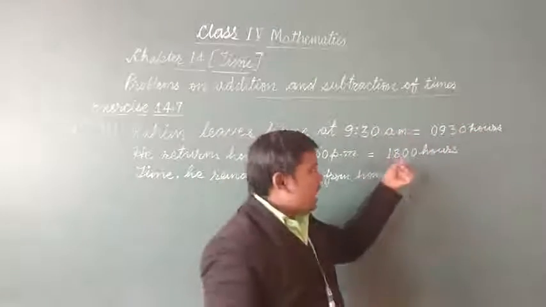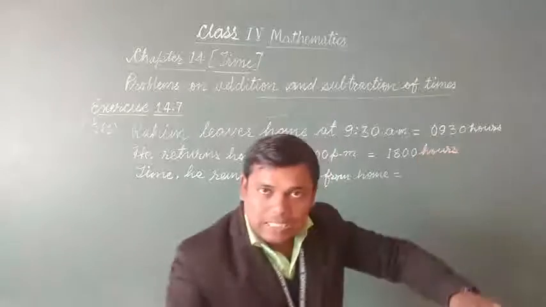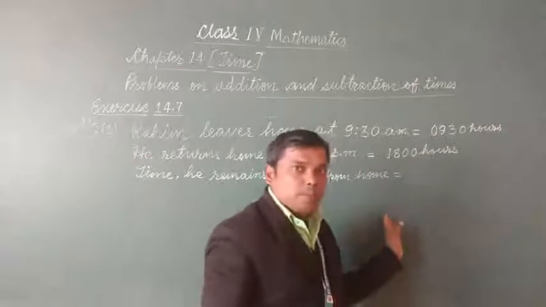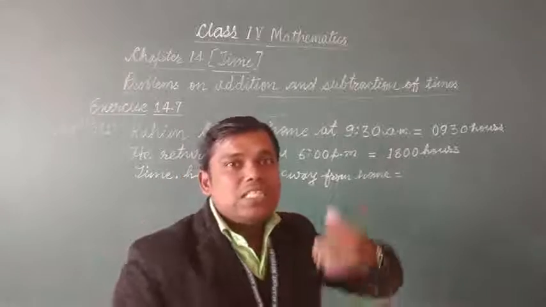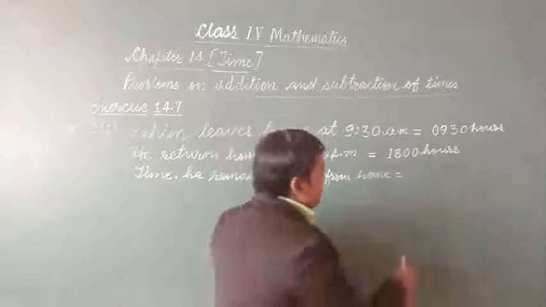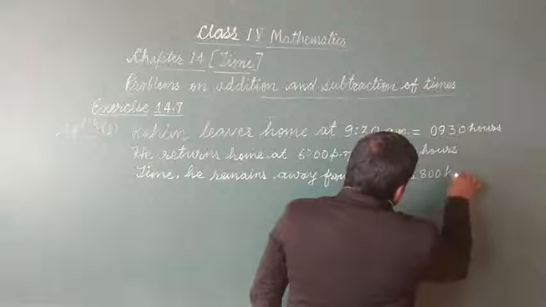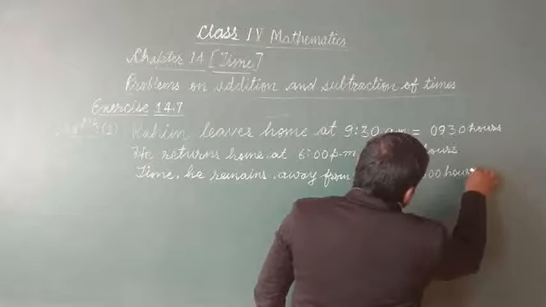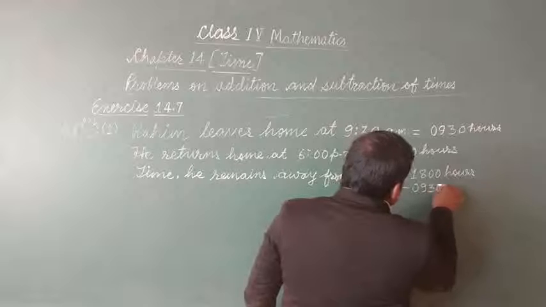So we subtract the time when he leaves the home from the time he returns home to get the duration of time he remains away from home. So we write simply 18 hours minus 9:30 hours.